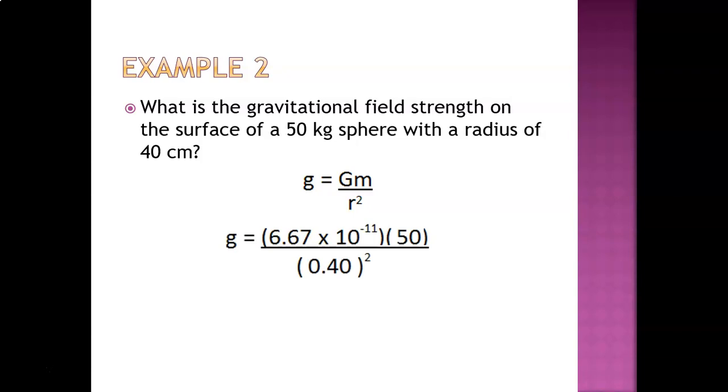We're using the mass of the object and the radius of the object. And what you find is that the acceleration due to gravity on a 50 kilogram sphere, or shall I say the gravitational field strength on the sphere, is 2.1 times 10 to the negative 8 newtons per kilogram.